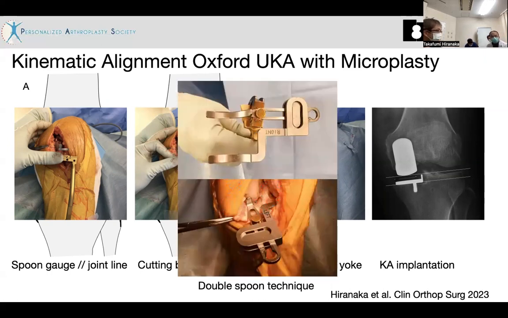But in some cases, as I said, the medial tibial plateau is not parallel to the joint line. In this case, I devised a double spoon. Insert it on the medial side and lateral side and connect them. This represents the true kinematic joint line in all cases.